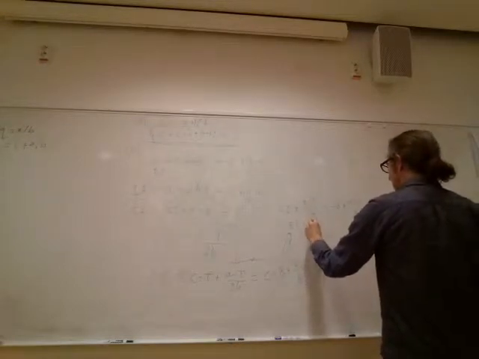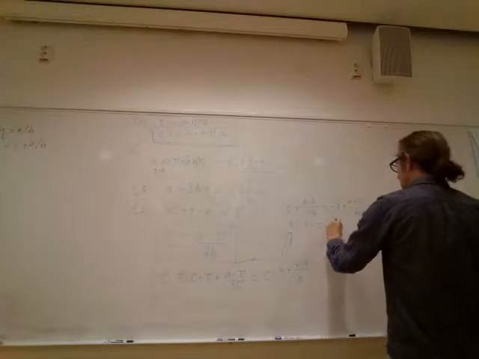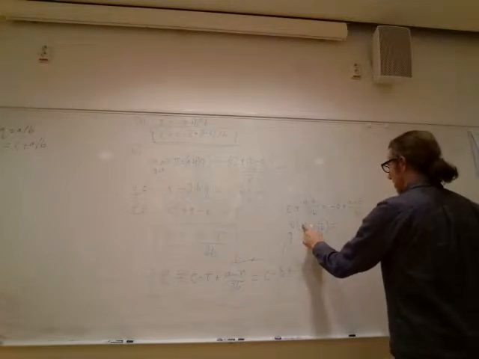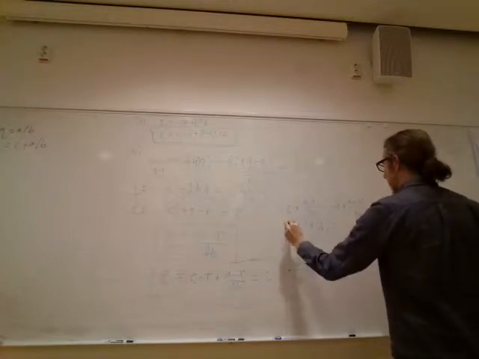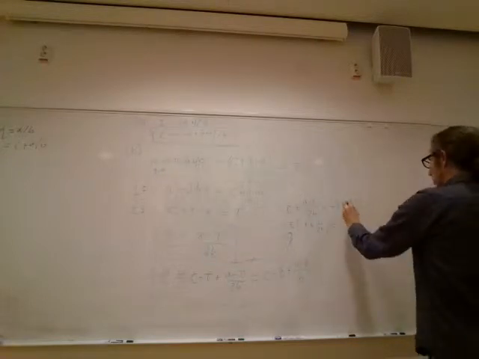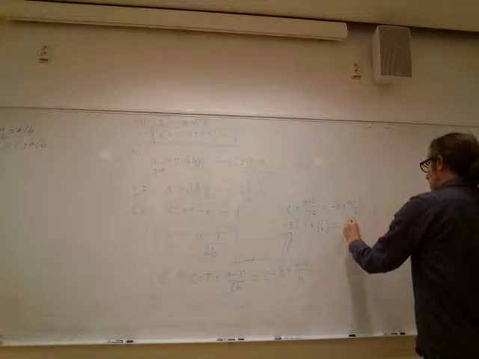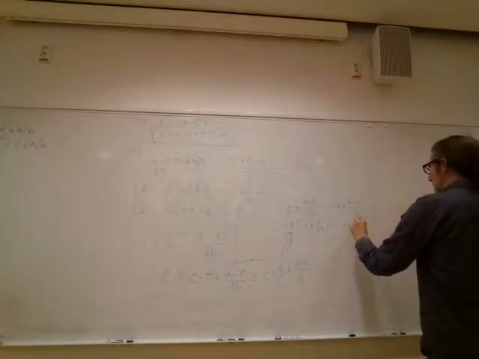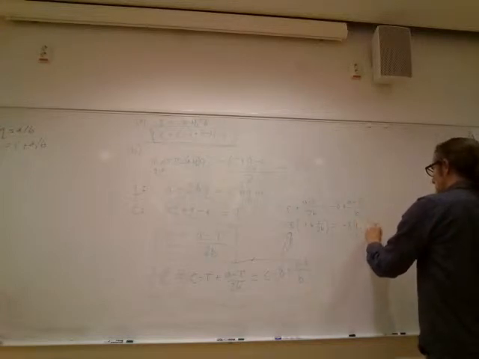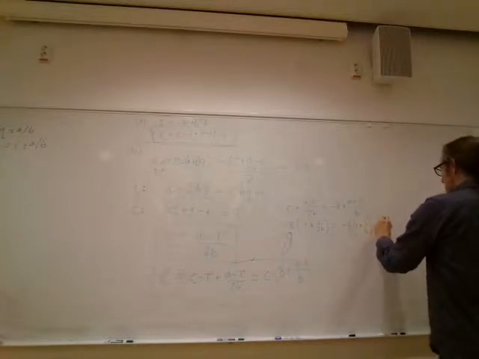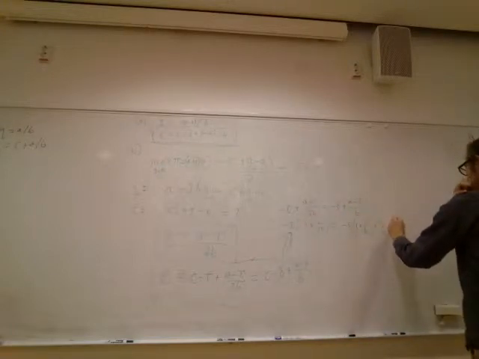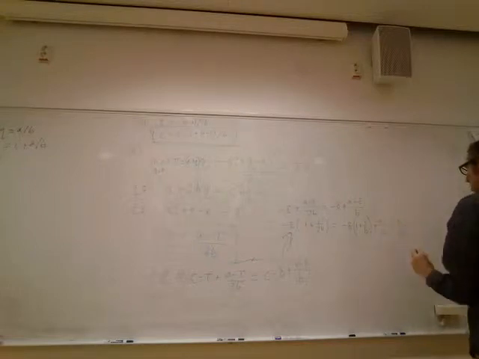So equals, so let's get rid of these minuses, make that a plus and put a minus there. Minus tau times 1 plus 1 over 2b equals minus delta times 1 plus 1 over b plus a over b minus a over 2b.